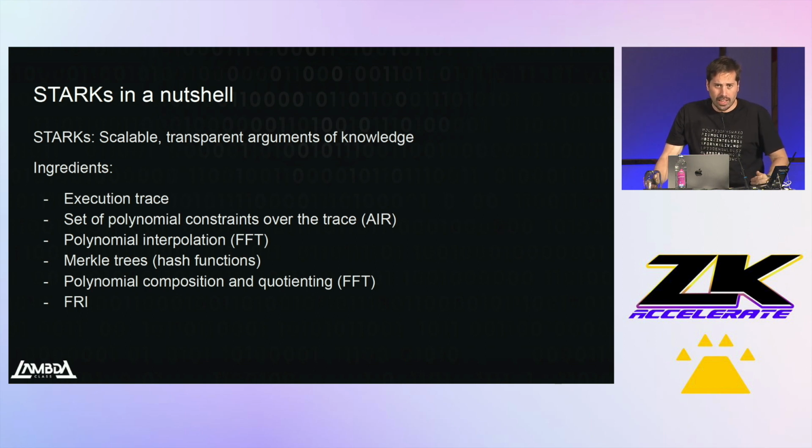And once we have that, in Starks, what we have to prove is that that quotient is in fact a polynomial. And to do that, we are going to use FRI, which is simply a fast Reed-Solomon interactive oracle proof of proximity.